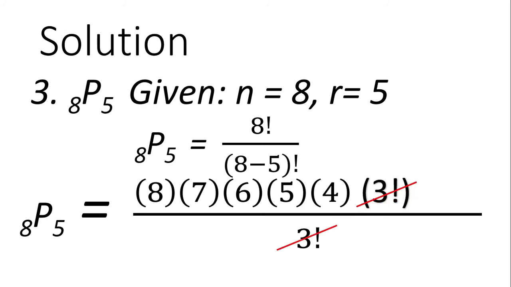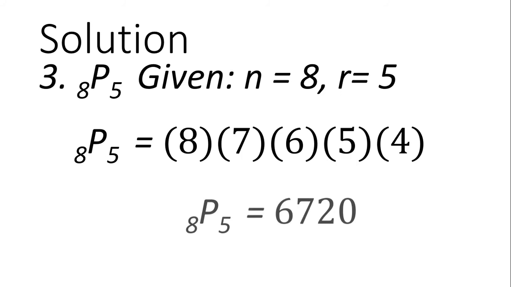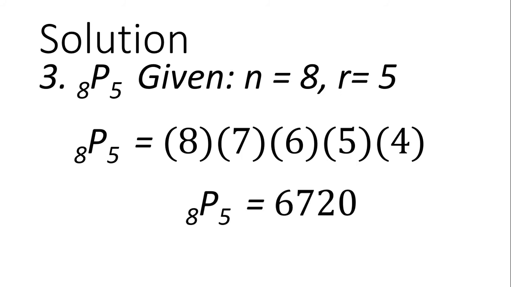What remains is the product of 8, 7, 6, 5, 4. And that is 6,720. Therefore, permutation of 8 taken 5 is 6,720. Did you get all the answers correctly?